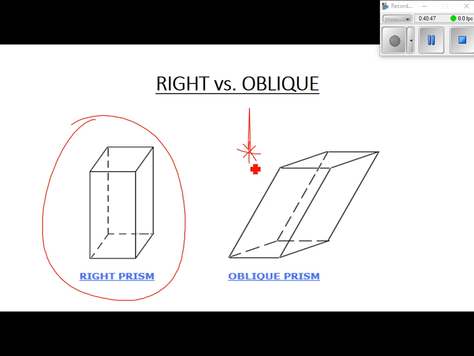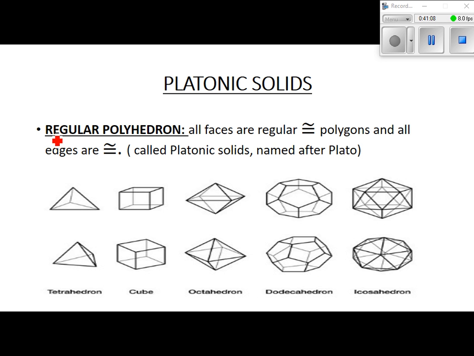Oblique would look like it's slanted a little bit. We won't deal a whole lot with oblique. Most everything that we deal with is going to be a right prism or a right pyramid or a right whatever.